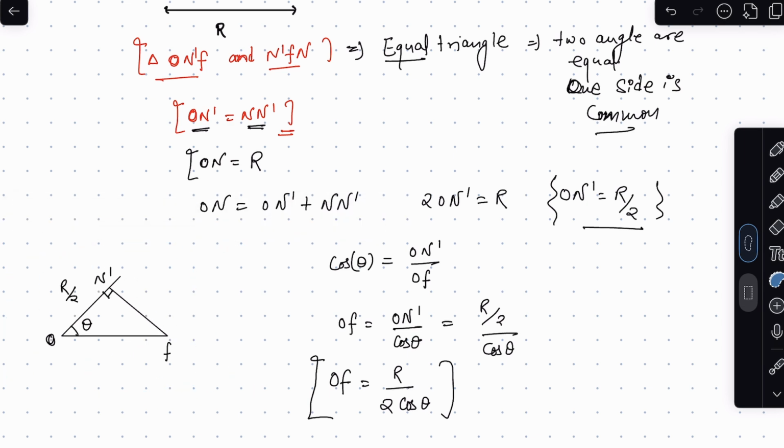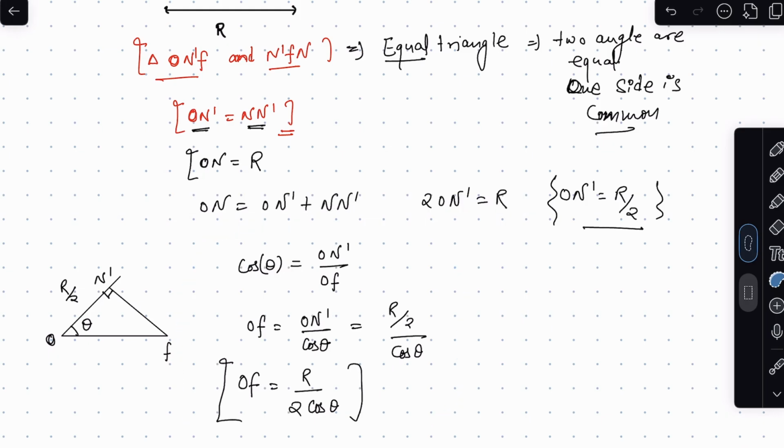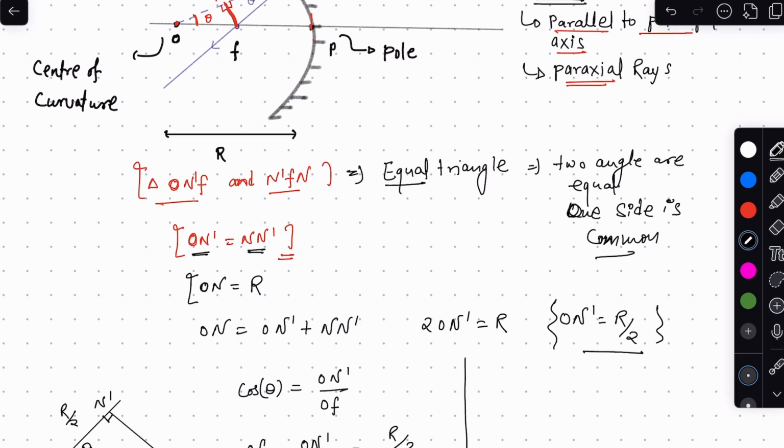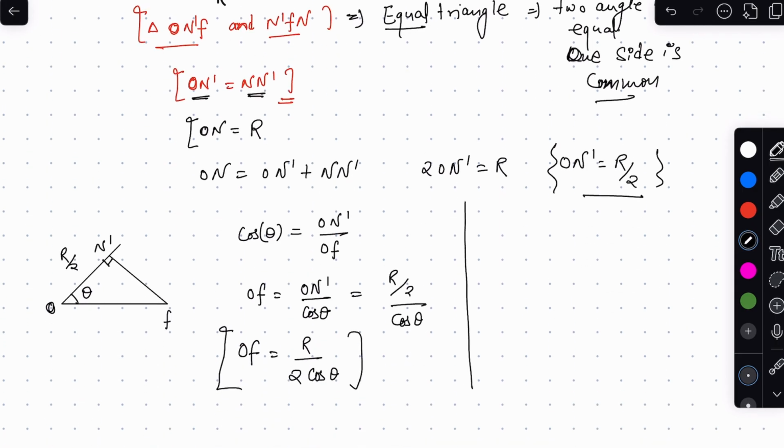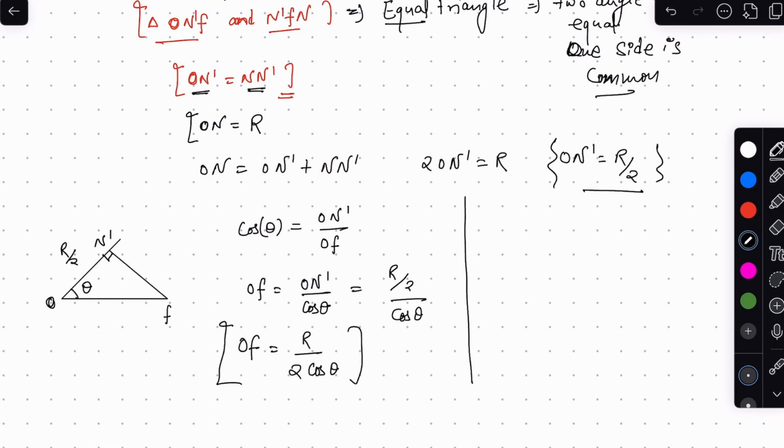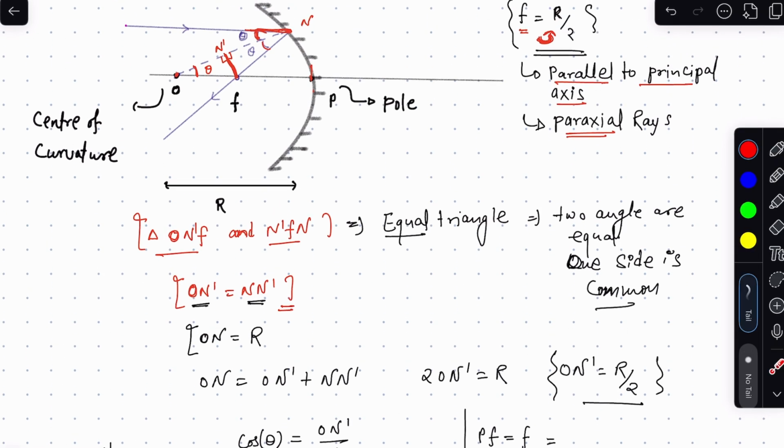Got it? Now if we can calculate the OF value, then we can find out what is FP or PF, which is equal to the focal length, and we are going to denote it with F. If you look at this triangle, just for your context, we know how much R is, as I have mentioned here, and this we have calculated.